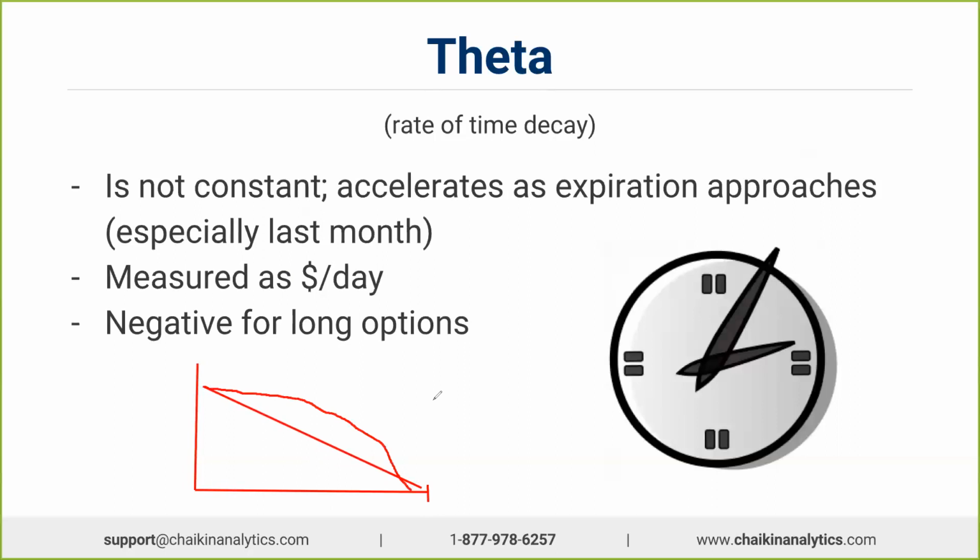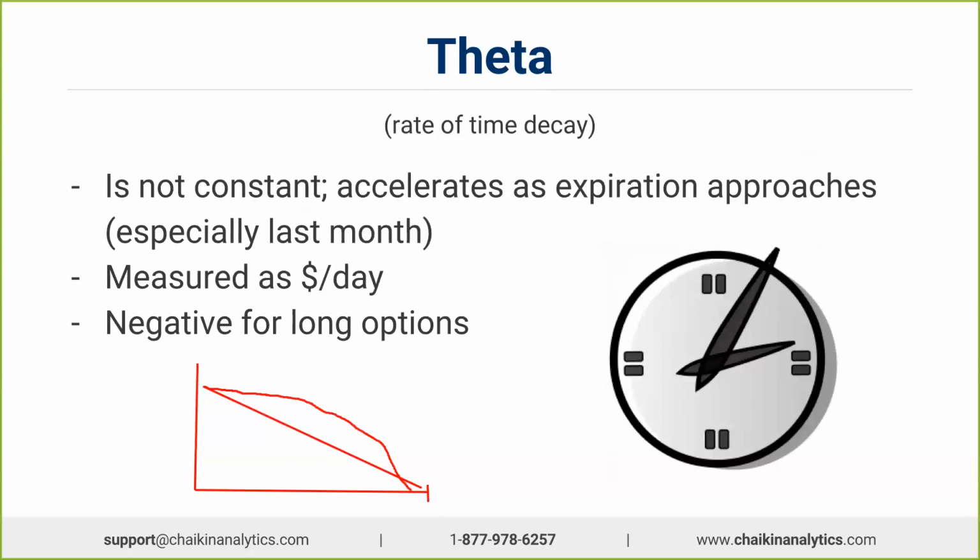So the last 2 weeks will lose more time decay than the second 2 weeks. So when you have a month left, week 4 and week 3 will lose less time than week 2 and week 1. And when you have 1 day left, that last day is going to have a greater theta loss than when there's only 2 days left. It accelerates as we get closer to expiration. It's really not that impactful when you go farther out in time. It flatlines pretty much. It's there, but it's not very measurable.